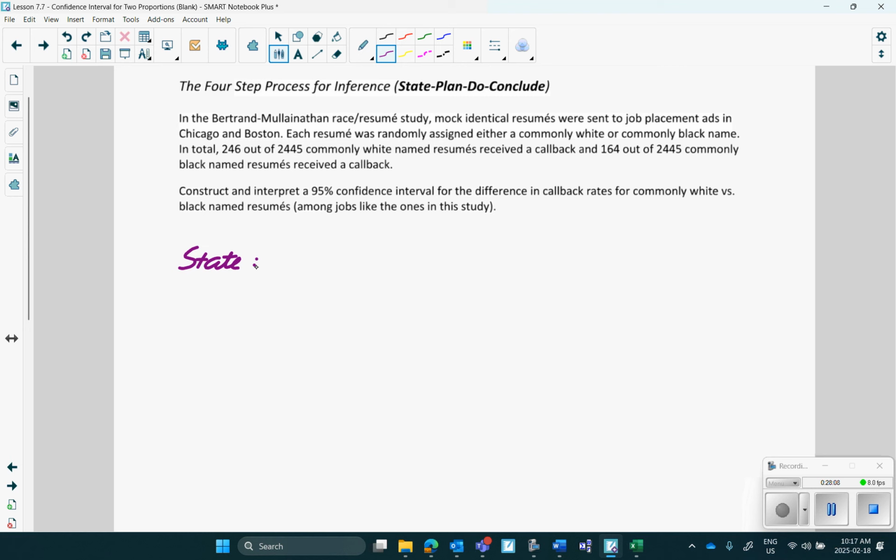Oh, my notes are incorrect. We are constructing a 95% confidence interval.